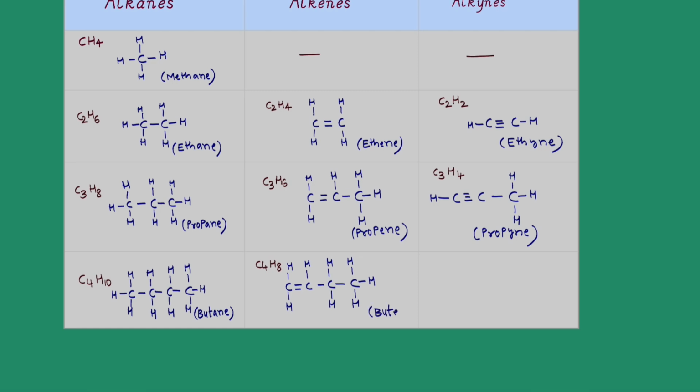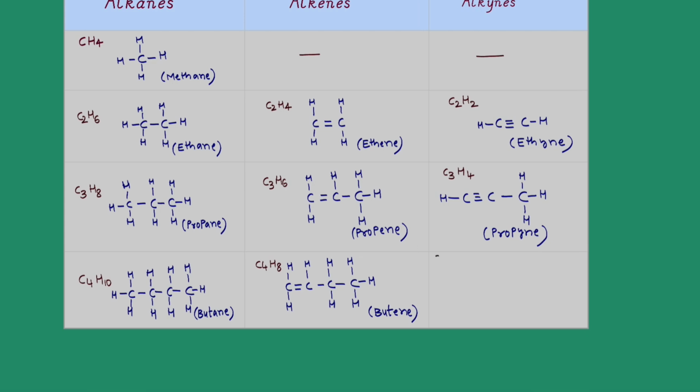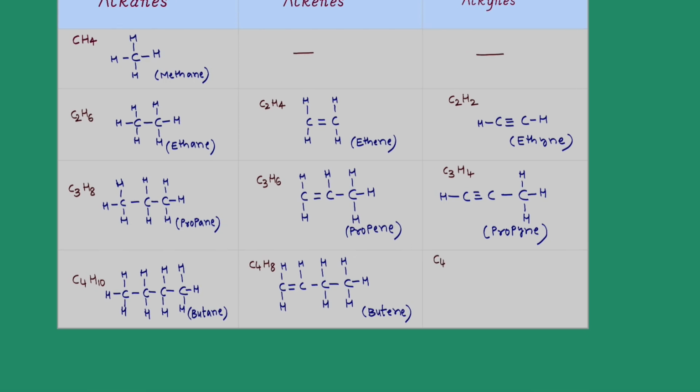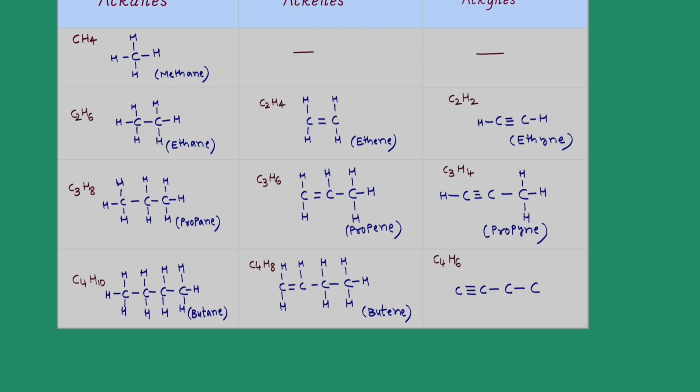Now butyne. C4, 8 minus 2, 6, C4H6 it is. How many carbons? 4 carbons, 1, 2, 3, 4. The first carbon and second carbon will have a triple bond, not a single bond.